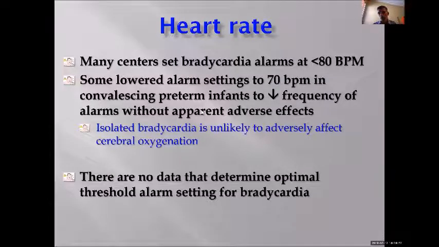And many centers, including our centers, set the heart rate alarm to go off when it's less than 80 pulse. But sometimes when the patient is sick, if we are escalating the management, if we're not doing anything, we can go down to 70.